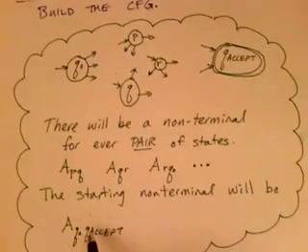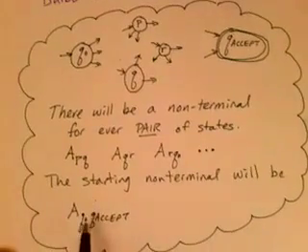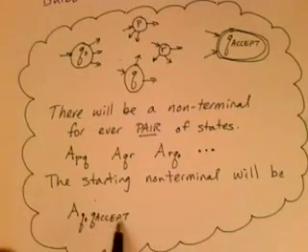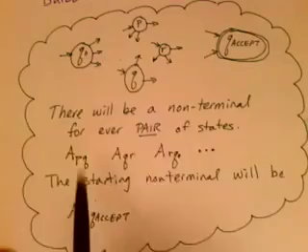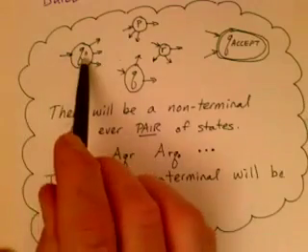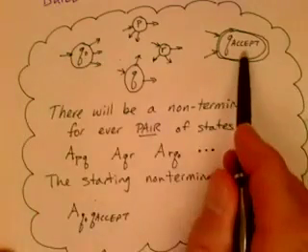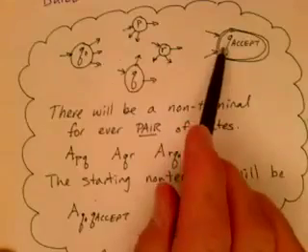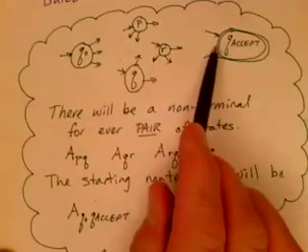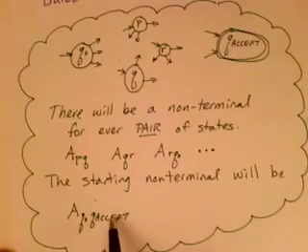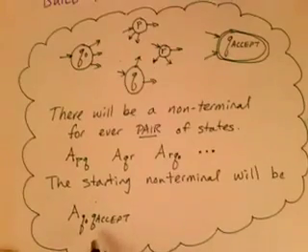The starting symbol for our grammar will be the non-terminal with the name AQ0 QAccept. In other words, for the pair of states Q0 and the accept state, we'll create a non-terminal for those 2 states, and that non-terminal will function as the starting symbol in our grammar.